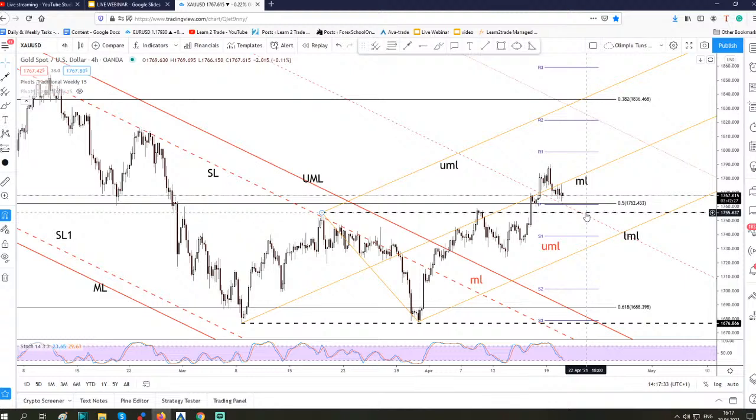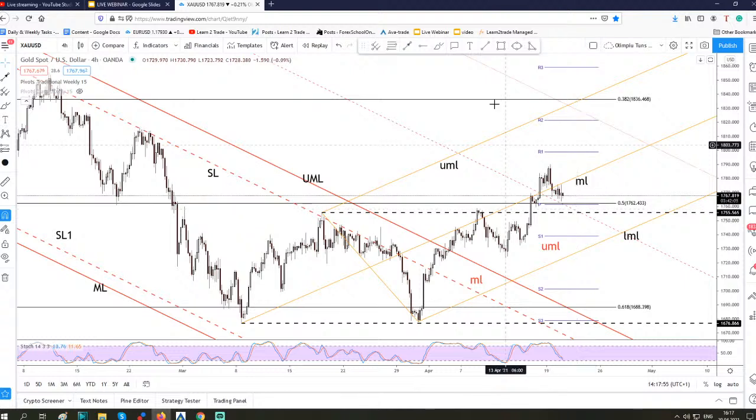1755 is seen as a strong static support. So even if the price will drop to retest, or if it will register only a false breakdown below these levels here, the bias remains bullish, and gold continues to increase after this temporary and short-term decline.